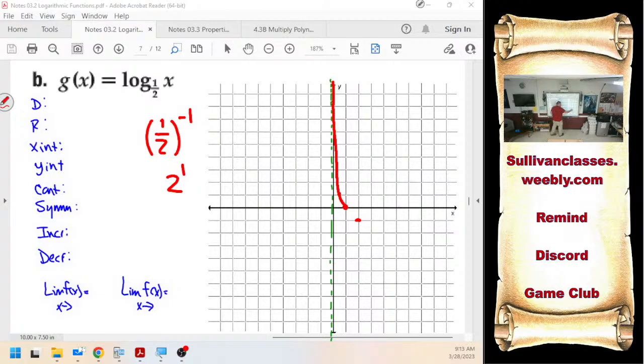To the negative second is 4. To the negative third is 8. To the negative fourth is 16, and so on and so on. So think of it like a vertical reflection. Okay?